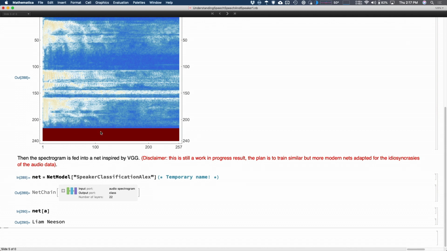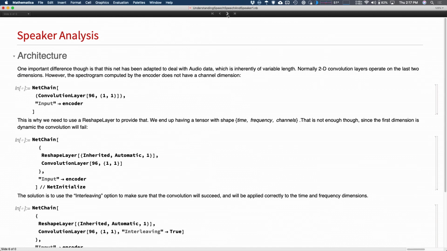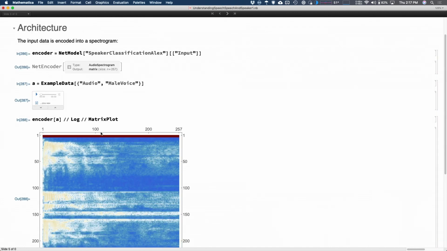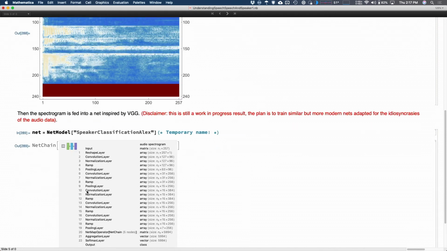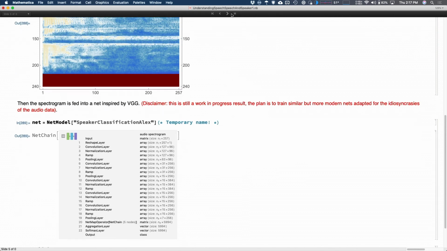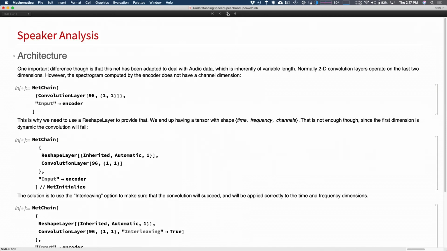So this tensor then is, can we do questions later, sorry. This tensor is then fed into a network that was inspired by the VGG network. It's just a bunch of convolutional layers that are fed into each other with nonlinearity in the middle. This is a temporary result. We will try to train slightly more complicated networks.